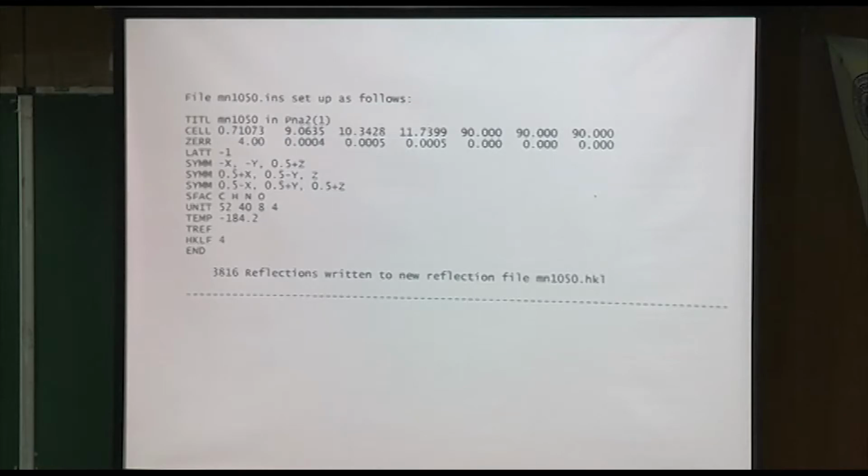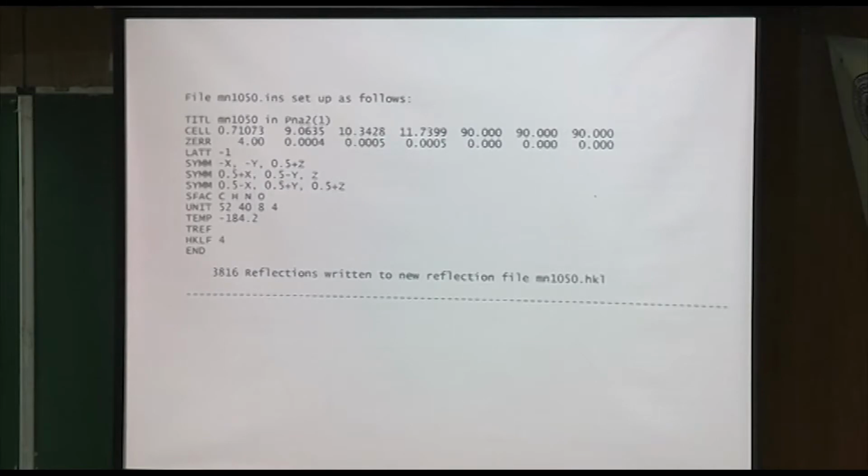Then lat, which is just set by the program. I have another slide which gives that. Then the symmetry operations, but XYZ is always assumed. So in addition to XYZ, there's 3 more general positions, and those are listed there.